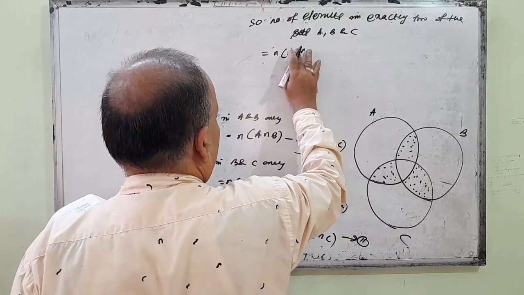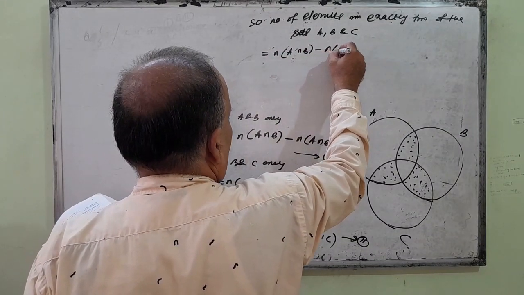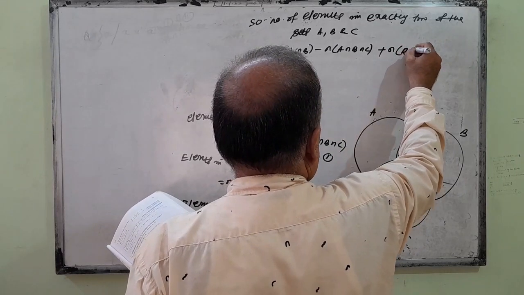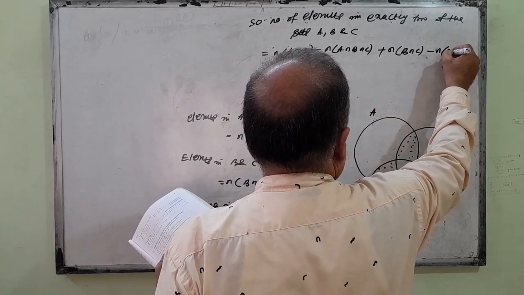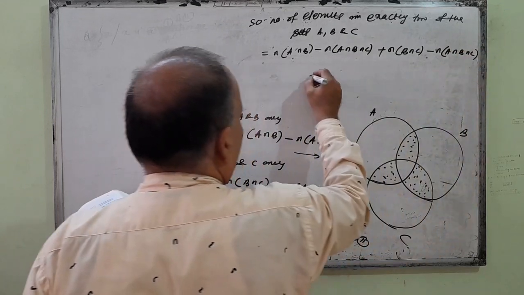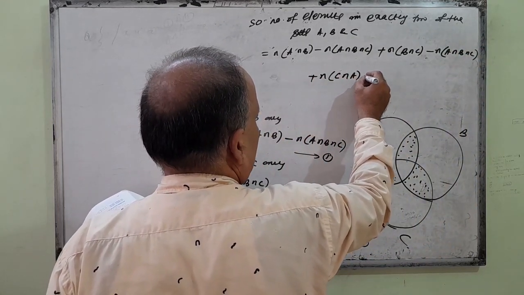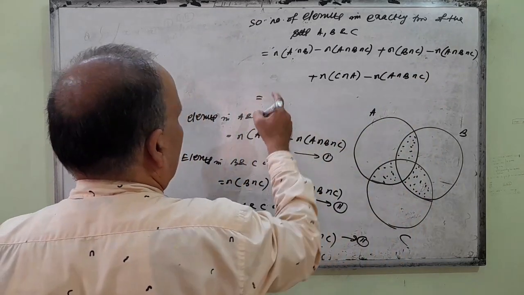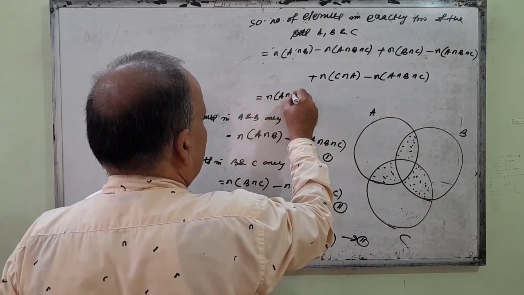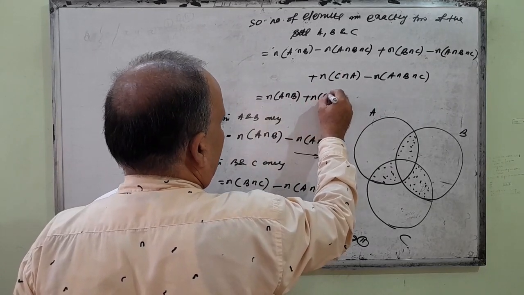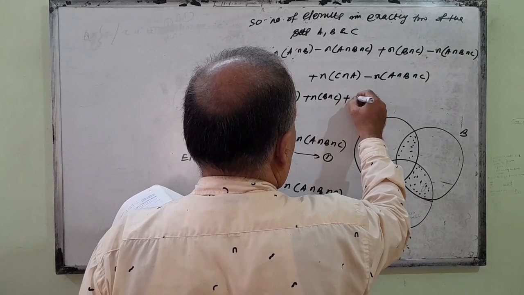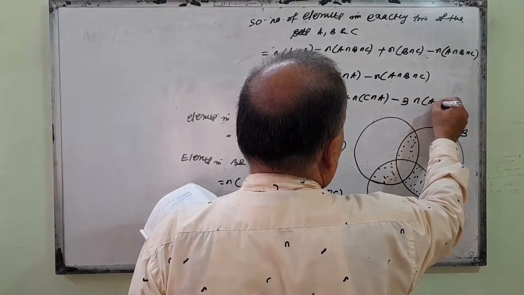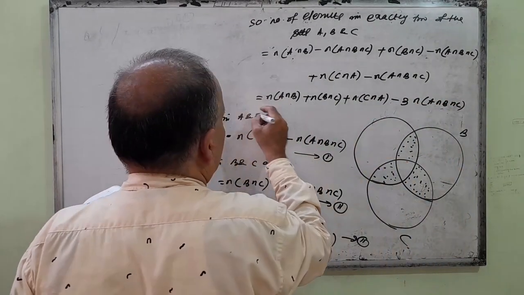Order of A intersection B minus order of A intersection B intersection C, plus order of B intersection C minus order of A intersection B intersection C, plus order of C intersection A minus order of A intersection B intersection C. That is equal to order of A intersection B plus order of B intersection C plus order of C intersection A minus 3 into order of A intersection B intersection C. This is the answer.